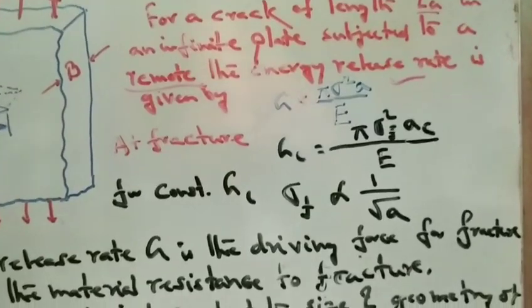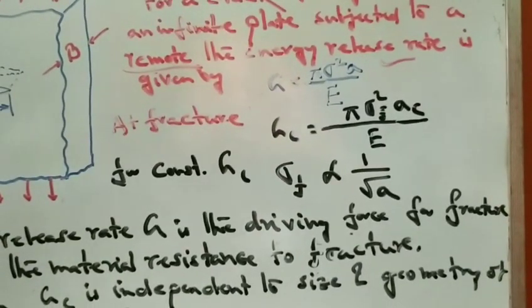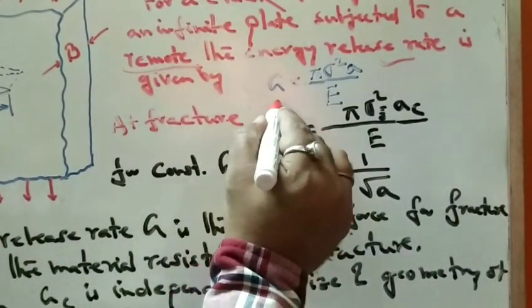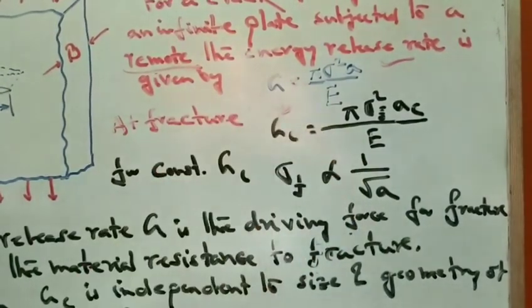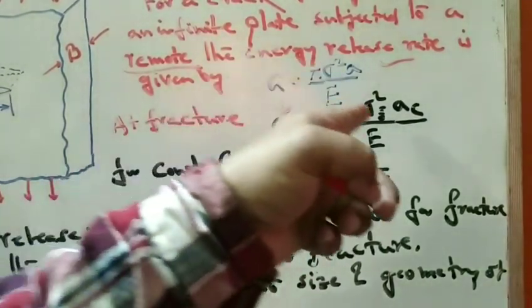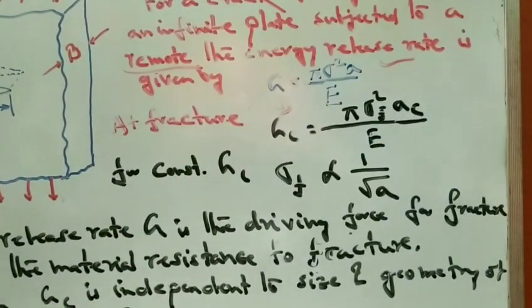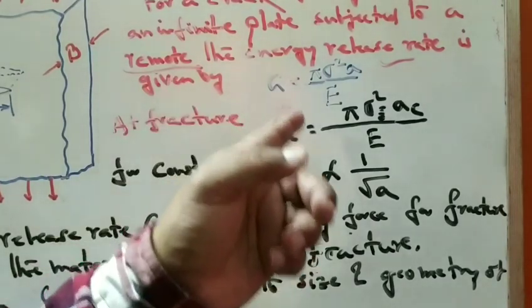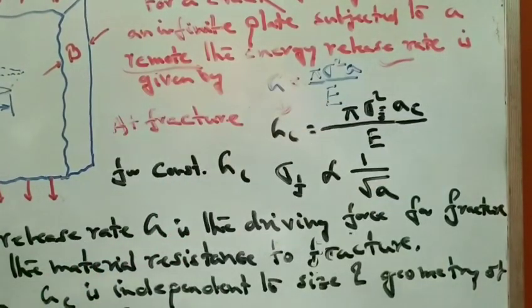Now when fracture occurs, G becomes GC and the stress becomes sigma F. So at fracture, GC equals pi sigma F squared AC by E, where AC becomes the critical crack length and E is the Young's modulus. In the first equation, sigma is the remote stress, A is the crack length, and E is the Young's modulus of the material.